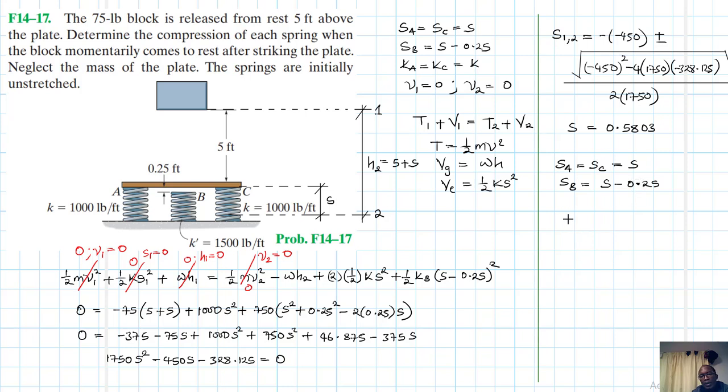Therefore s_A equal to s_C equal to S is equal to 0.5803 feet, and s_B is just going to be 0.5803 minus 0.25, which is 0.3303.